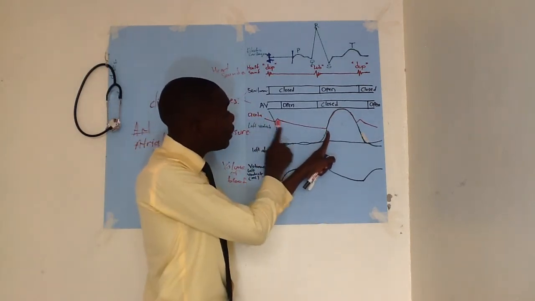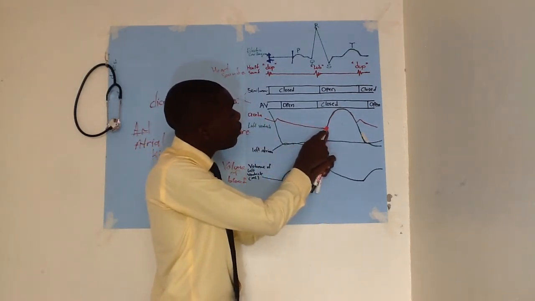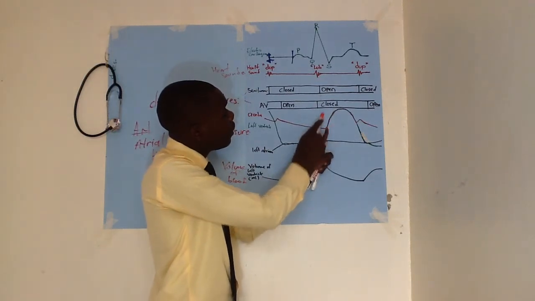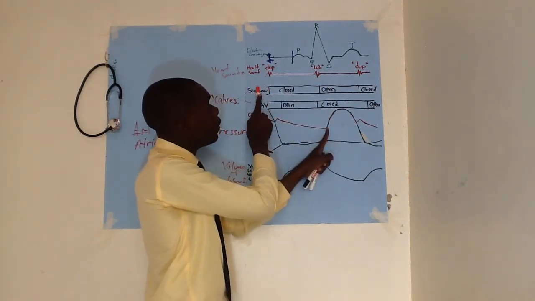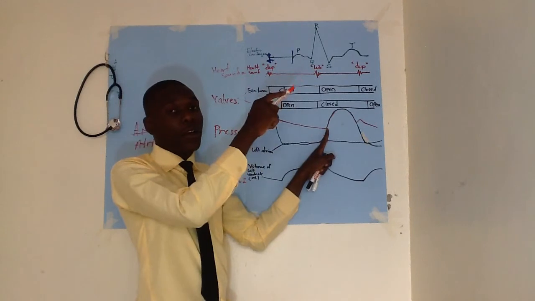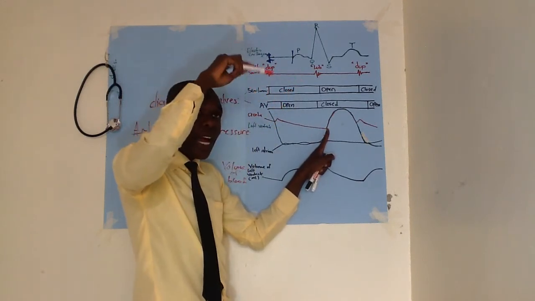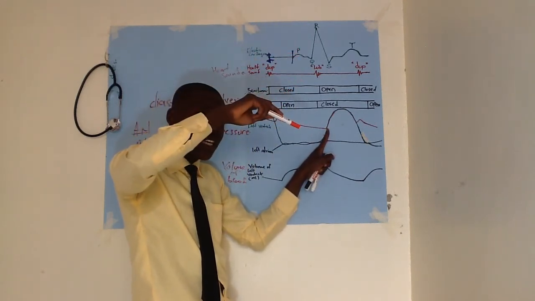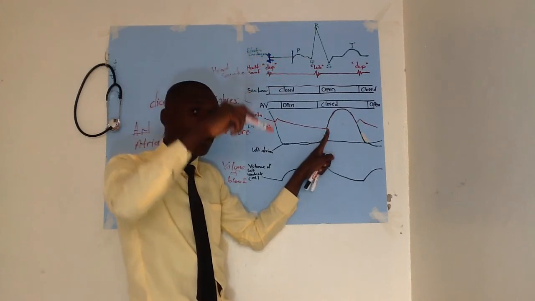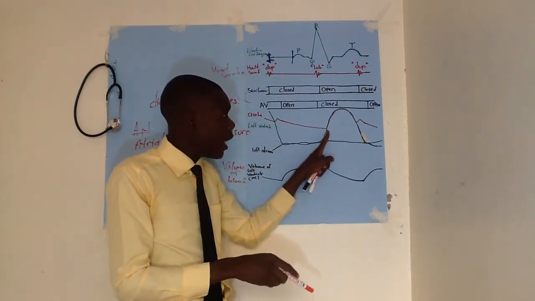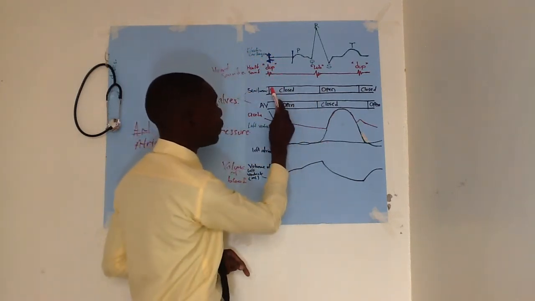So at this point, initially, our semilunar valves, the valves between the arteries, both the pulmonary artery and the aortic artery, and the ventricles, are still closed. I think you can see they are still closed.